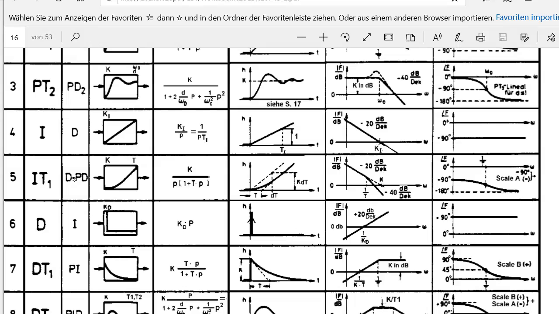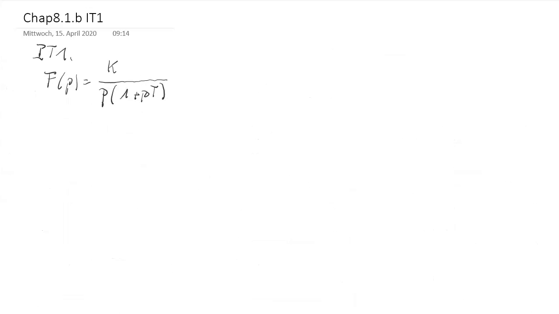Okay, go back to my OneNote. What we can do is, first, measurement of the step response. I prefer red.